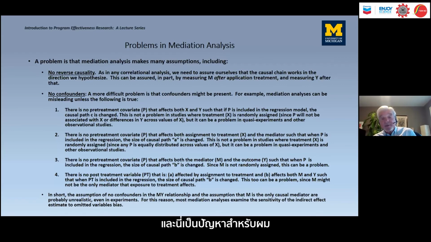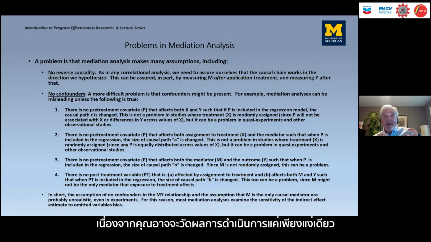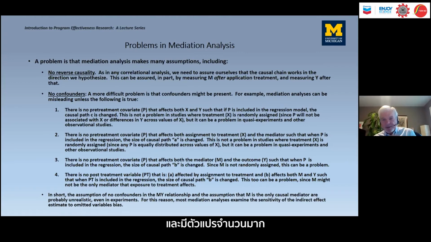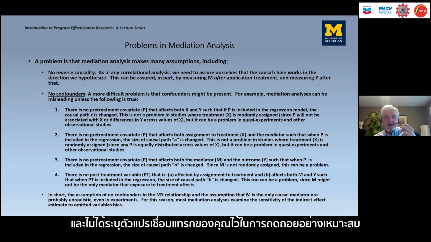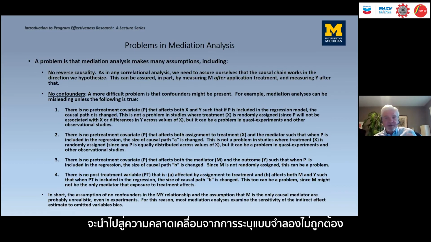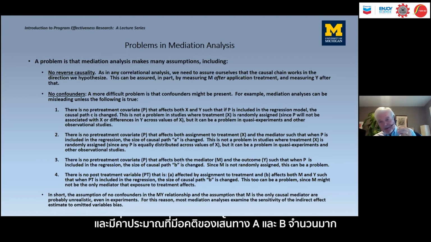And this is a problem for me because you may have measured only one aspect of implementation. So if your implementation is a very complex phenomenon with lots of variables, you probably have multiple mediators operating, and not properly specifying your mediation regressions for that fact is going to lead to a lot of specification error and a lot of biased estimates of the A and B path.